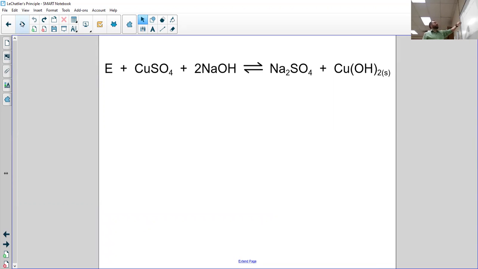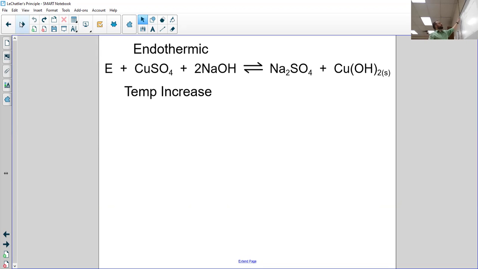So look at an example here. We have energy plus copper sulfate plus sodium hydroxide in equilibrium with sodium sulfate and copper 2 hydroxide. So we see it's an endothermic reaction because the energy is going into our reaction.